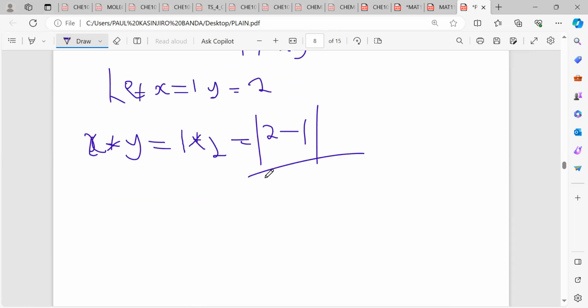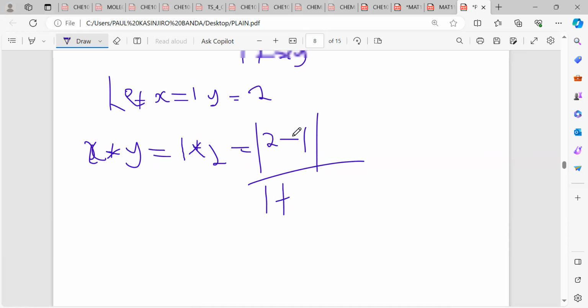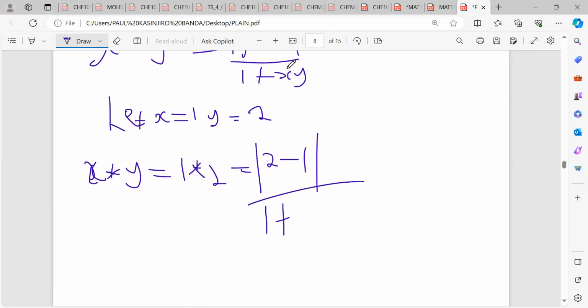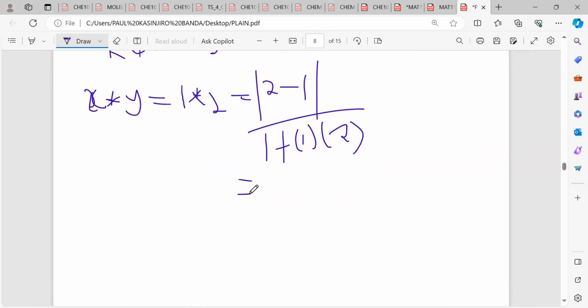Then down there I have 1 plus the product of x and y, so I put my 1 and my 2 there and multiply. On top I have the modulus of 1, because 2 minus 1 is just 1. At the bottom I have 1 plus 2 multiplied by 1, which is 2. Meaning my answer here is 1 over 3.